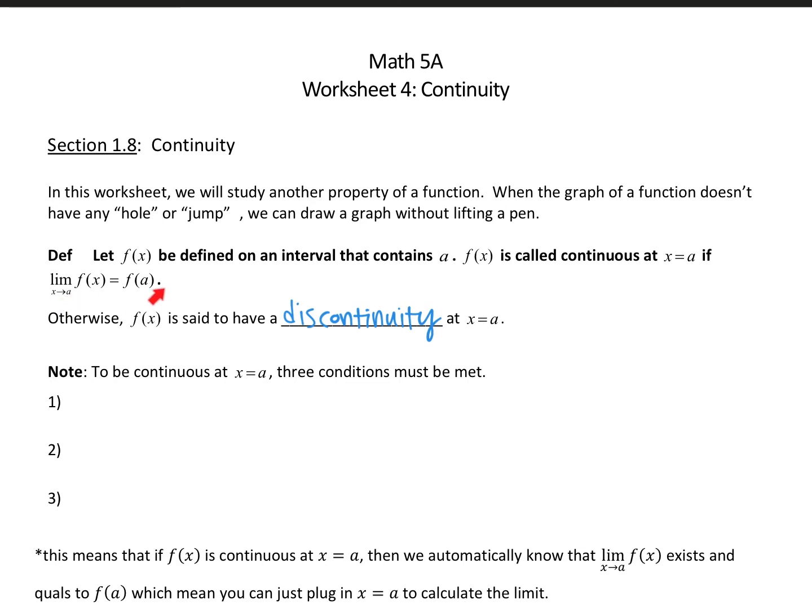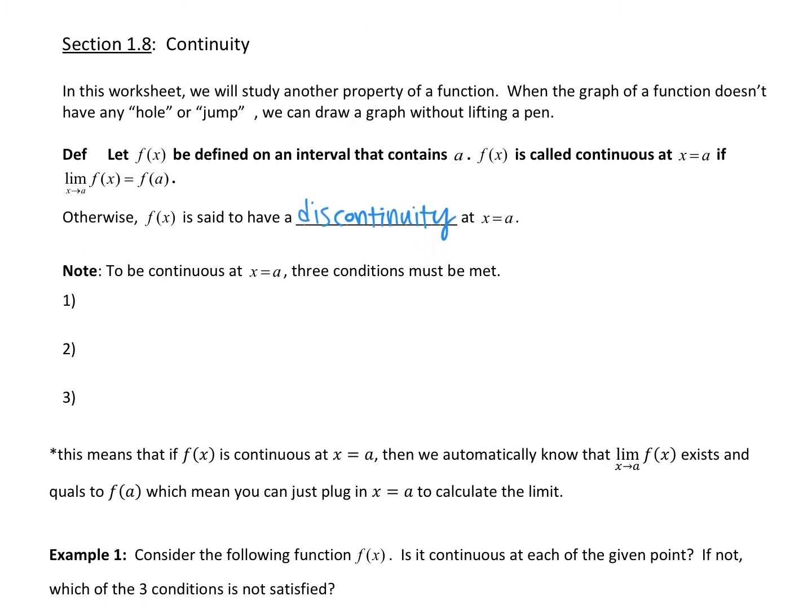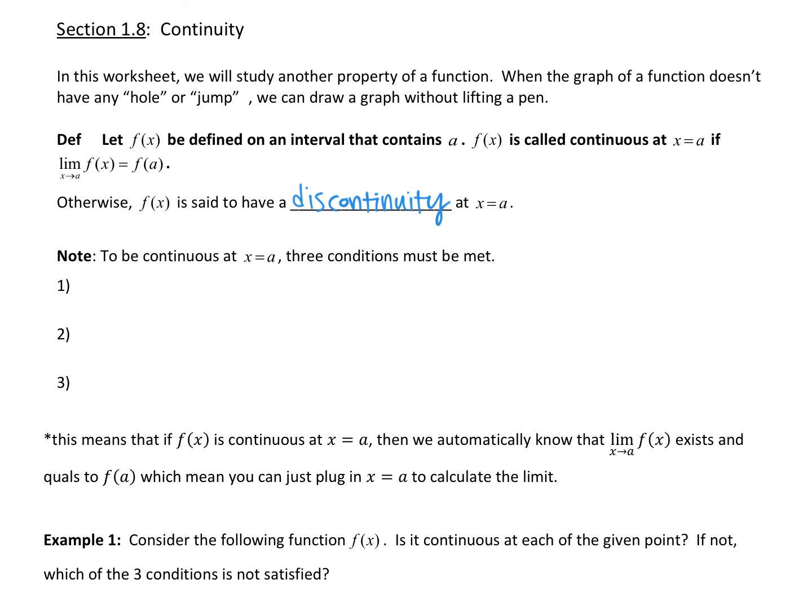All right, I'm going to look at this part and talk about it in more detail. Let me just move it up here. To be continuous at x equals a, three conditions must be met. I'm just re-explaining this in a more detailed way. First, you know how we talked about the limit? The limit has to exist. So the limit of f of x as x approaches a has to exist.